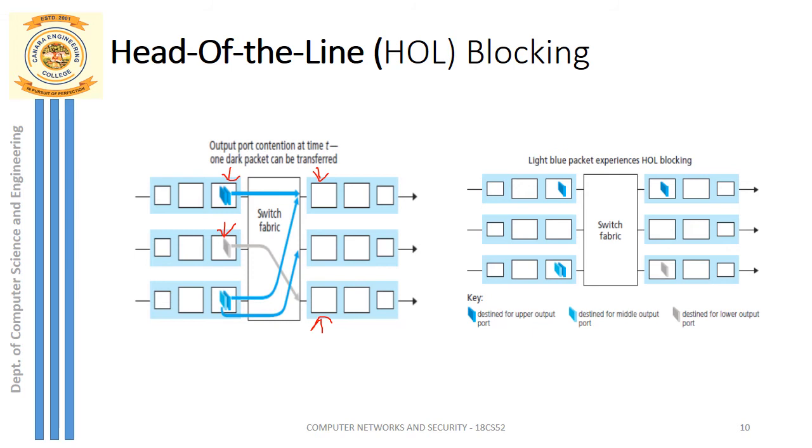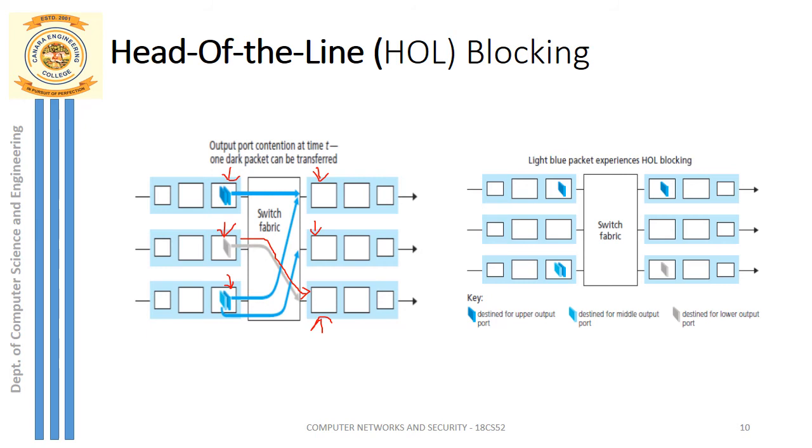Out of this, the first packet is destined to the first output port and the second packet is destined for the middle output port. Now whenever a packet is taken from the first input port, eventually we are able to transfer the packet from the second input port to the third output port.